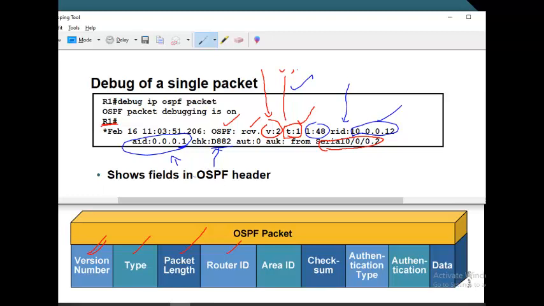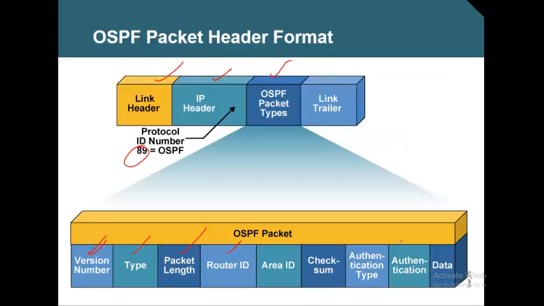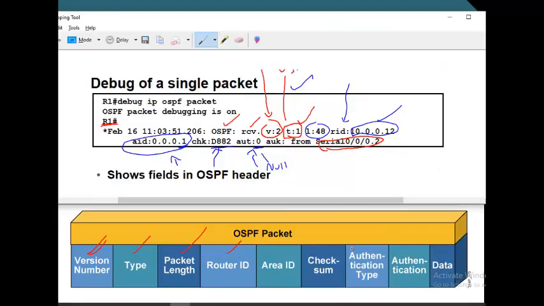And then the authentication type. There are 3 types of authentications in OSPF, which we'll see later. And this is type 0 here, means null authentication, no authentication. And then the authentication string means the authentication itself, the password itself.